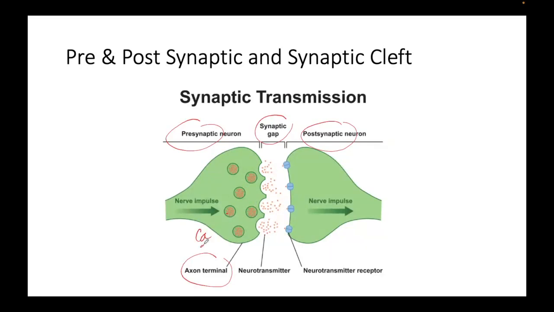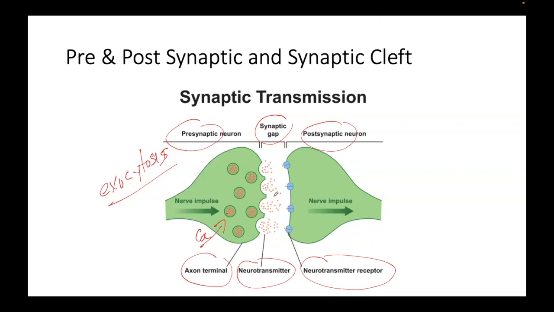Calcium influx gives the message for these to release their neurotransmitter through a method called exocytosis. That's an A&P 1 word. The neurotransmitter, whatever it may be, hits a receptor, and then the nerve impulse continues.